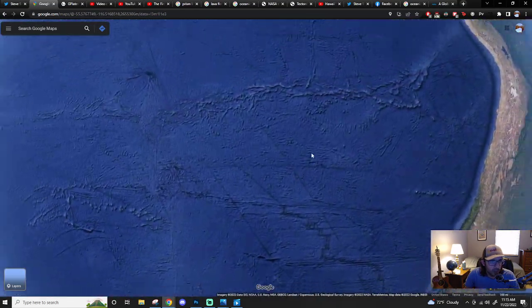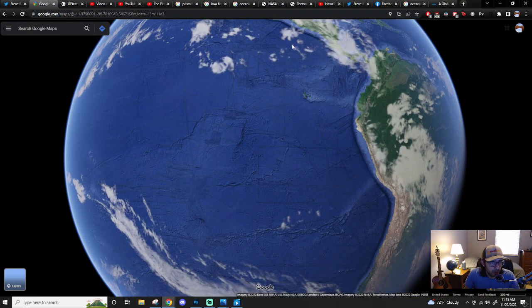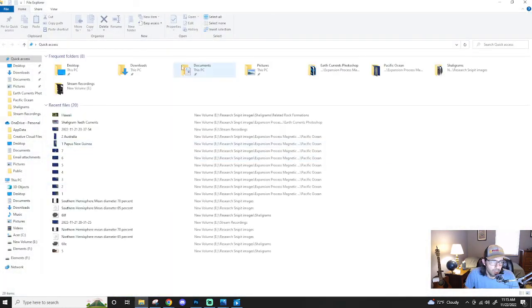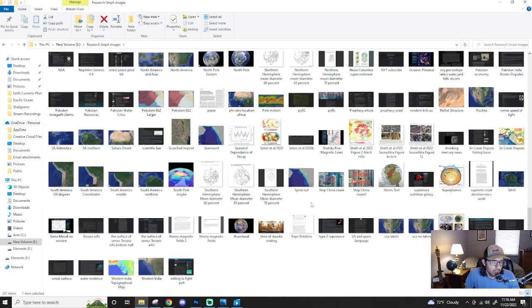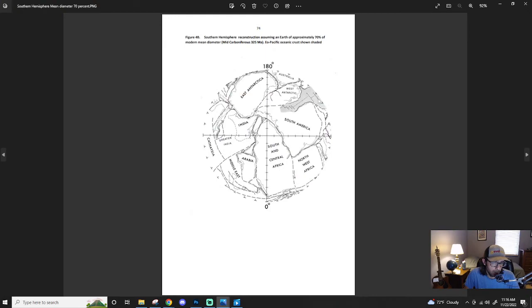Essentially, a current, generally speaking, is flowing down here. Let's go to this. Flowing this way and widening this.